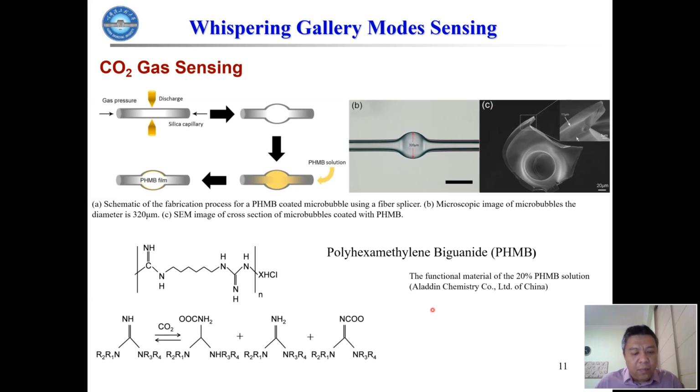There will be a PHMB film at the inner surface of the bubble, and this PHMB is a polymer, and the chemical structure of the PHMB is this. It can react to carbon dioxide and will change the refractive index of the inner surface of the bubble.